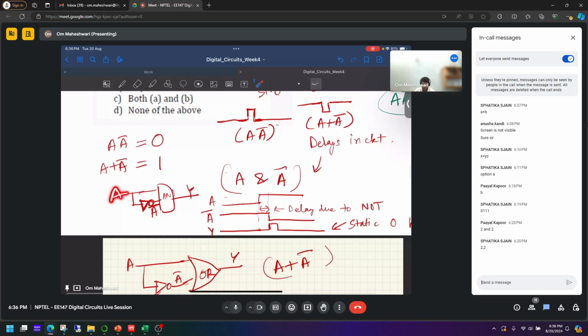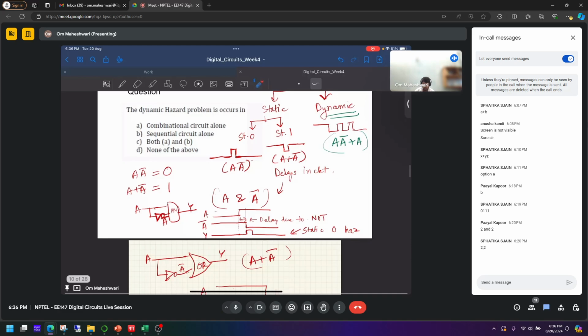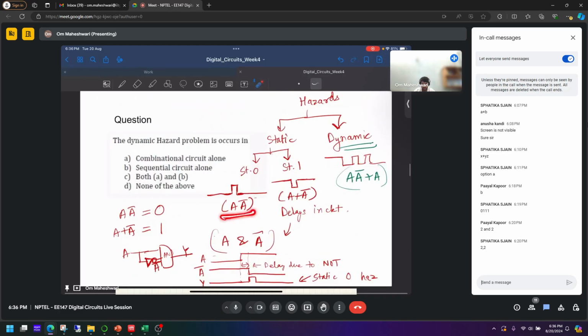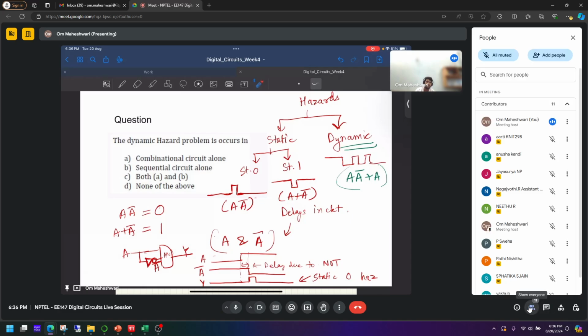Like A and A bar, due to this delay of the NOT gate, you get a false one here. Okay, so are these clear? Can anyone confirm these expressions? Or do you want me to repeat them?